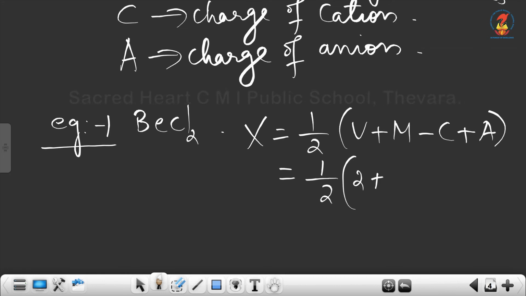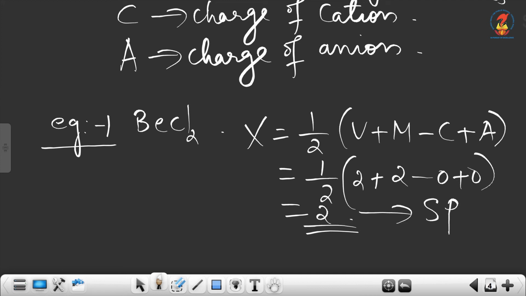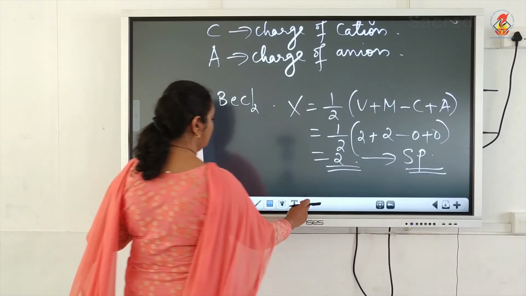Then the number of monovalent atoms attached to it is 2 chlorine atoms, so again plus 2. Then any charge given? No, it's not a charged species, so minus 0 plus 0. So the answer is 2. X is equal to 2 means sp hybridization is involved.